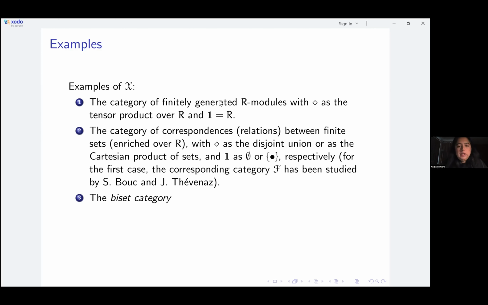So again, just let me give you an idea. In this case, the objects of the category are finite groups. And the arrows we are considering, let's say, from a group H to a group G, are G cross H opposite.